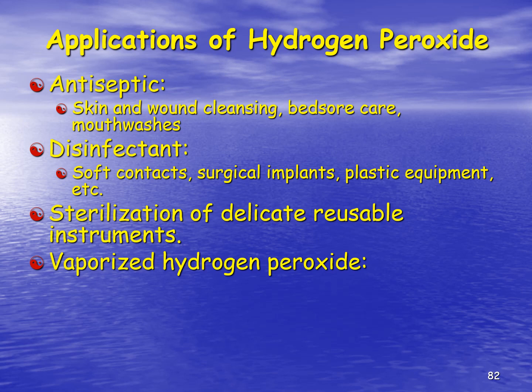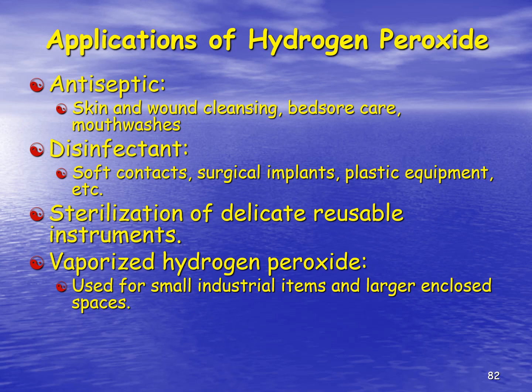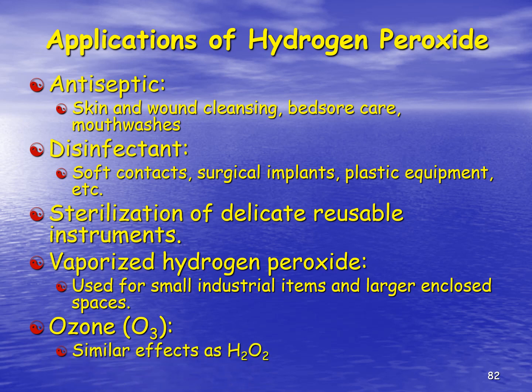One, it decreases healing. And vaporized hydrogen peroxide is actually toxic, and so this is only used for small industrial items or larger items enclosed in spaces. Ozone, O3, actually is a derivative of hydrogen peroxide and has been used to have similar effects.